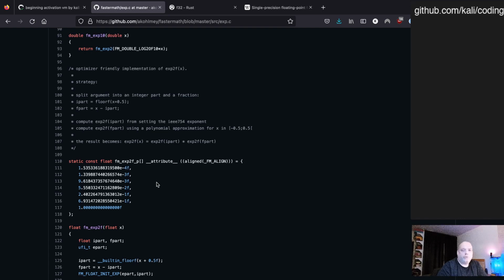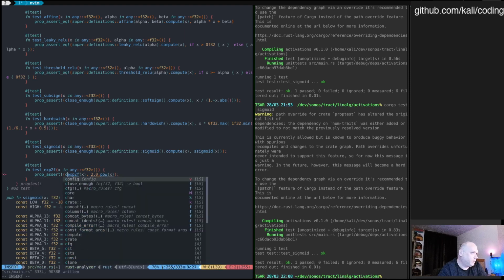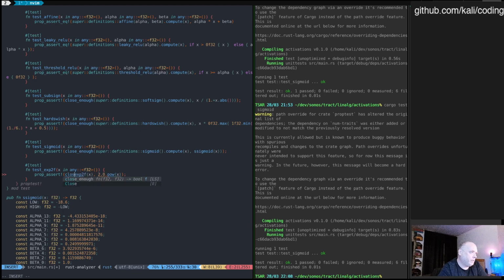So it's actually 2 to the power of x. Is that right? I think so. Prop assert. Ah yeah, I was doing close enough in the other ones. Prop assert. And I see, yeah, same, really close enough.